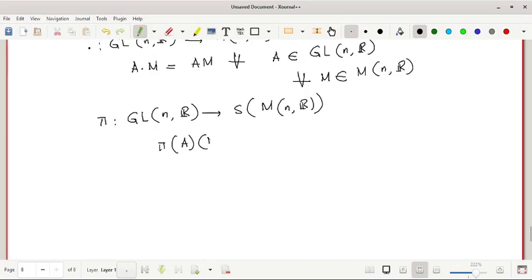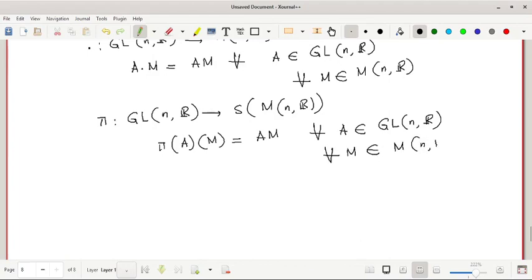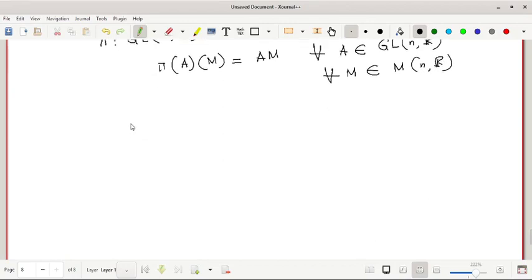It is operating on n by n real matrices. This will give you A dot M, that is simply AM, for every A belongs to GLnR and for every M belongs to MnR. Find out the kernel.